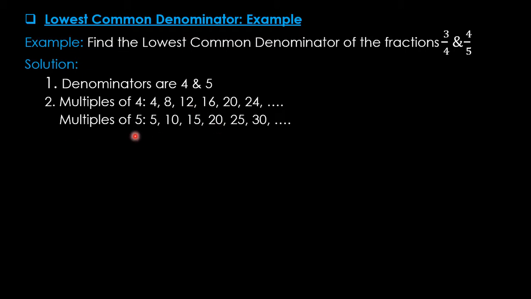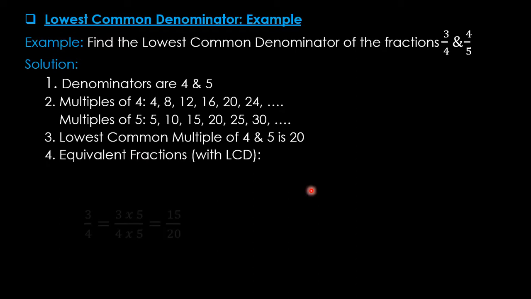Similarly, multiples of the second denominator, 5: 5, 10, 15, and so on. Step 3, the lowest common multiple of 4 and 5 is 20, because comparing these multiples, the first common multiple we find is 20.